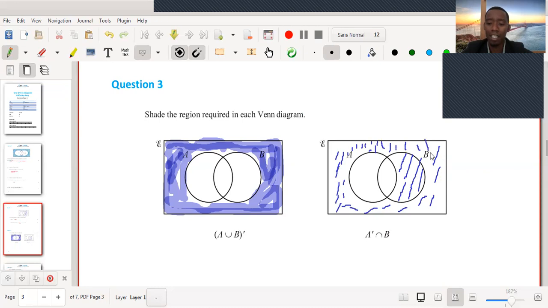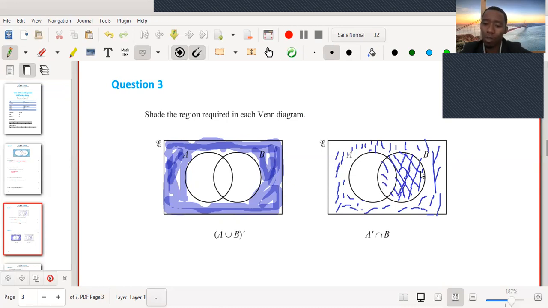Okay, and then the next step is to shade the intersection. Also, I shade B. My B is here, but I look at where I shade it twice. Where I shade it twice will be the part I'm looking for. You see this part here?